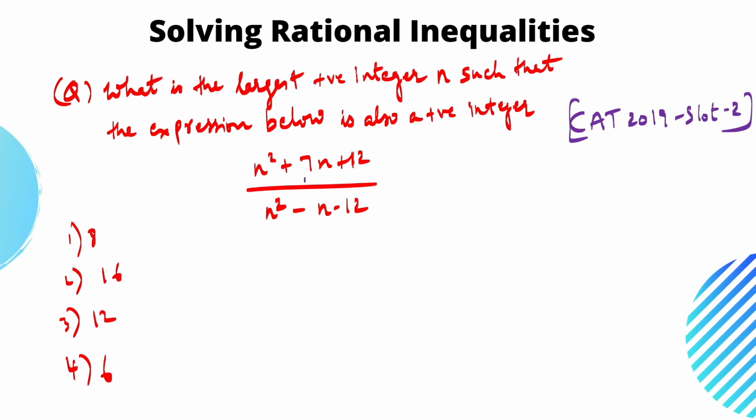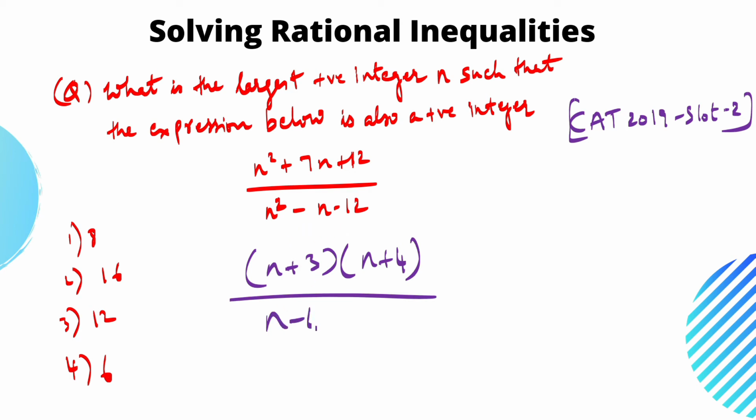If we factorize the numerator, the sum must be 7 and the product must be 12, so it is (n + 3)(n + 4). The denominator factorizes as (n - 4)(n + 3), and the (n + 3) terms get cancelled, and we are left with (n + 4)/(n - 4).